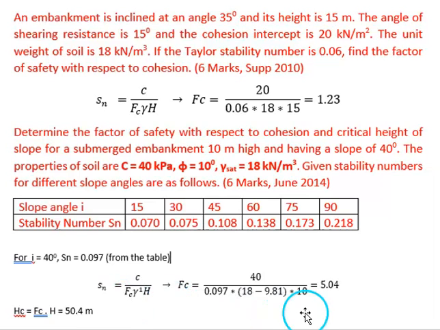We can find the submerged unit weight, multiplied by the height of the slope, which is 10. From this we can estimate the factor of safety with respect to cohesion. Then we should also find the critical height of slope, which is equal to Fc into H. So the Fc value is obtained as 5.04 and the H value is 10, so that we can find the critical height as 50.4 meter.